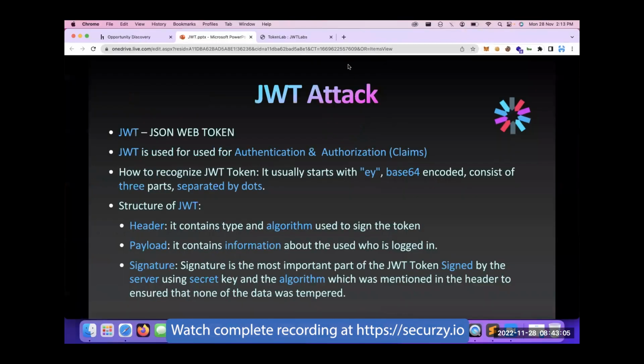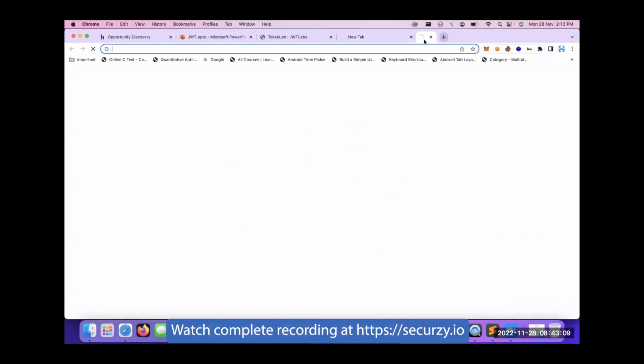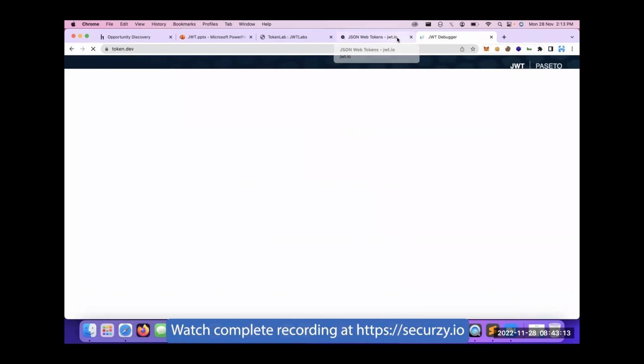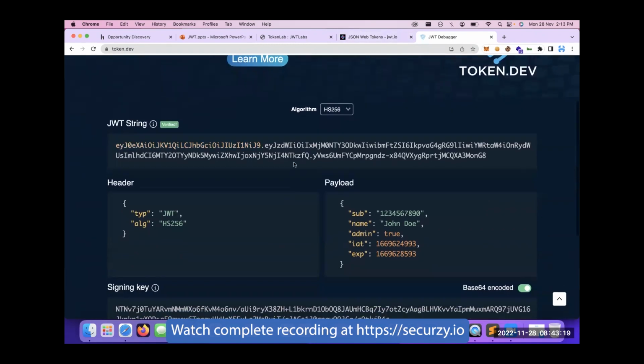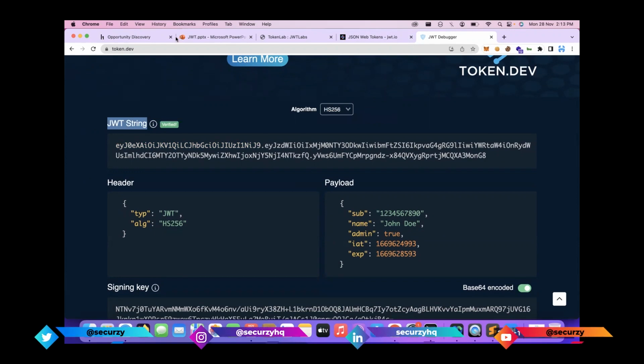So let us see this as well. So I'm going to go on jwt.io and token.dev. Here, we are going to see a sample JWT token. You can see over here, this is a JWT string, which is a sample JWT token that we are going to see.